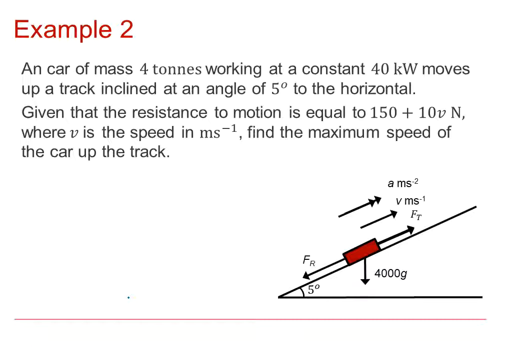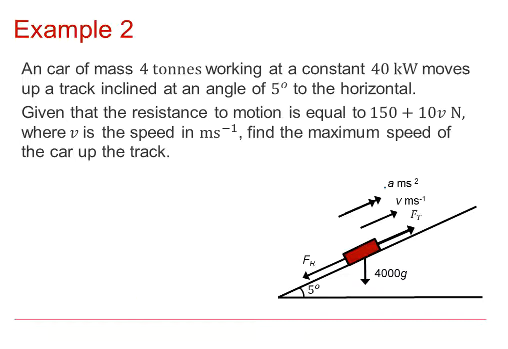In this problem, we have a car of mass 4 tons working at a constant 40 kilowatts, moving up a track inclined at 5 degrees to the horizontal. We're given that the resistance to motion is equal to 150 plus 10V, so you can see the resistance varies with speed V. And we want to find the maximum speed of the car up the track.